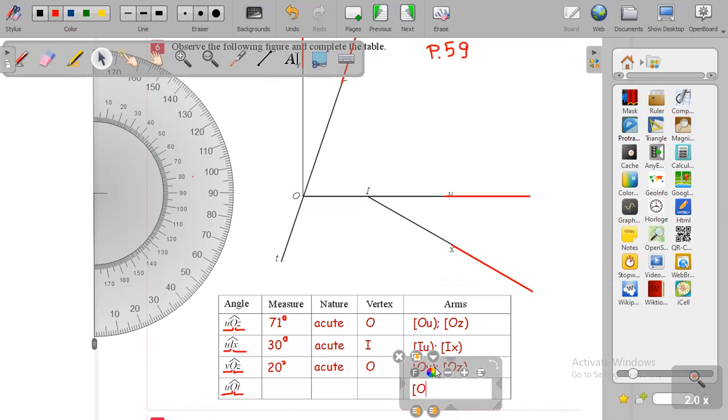Bracket O small u parenthesis because it is a semi-straight line and OT. Now let's elongate OU from U. We already elongated. And OT from T.